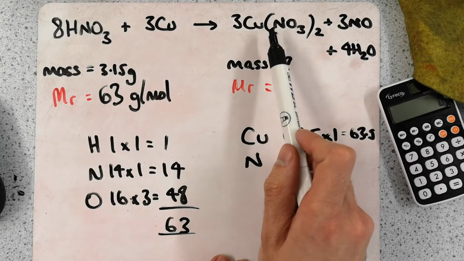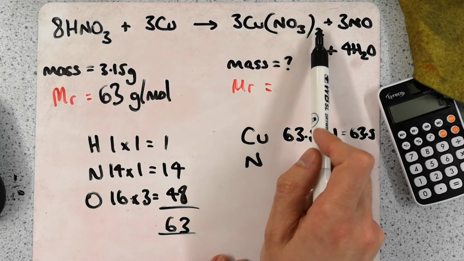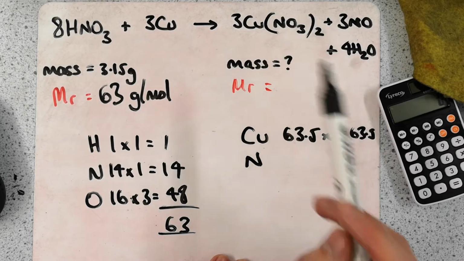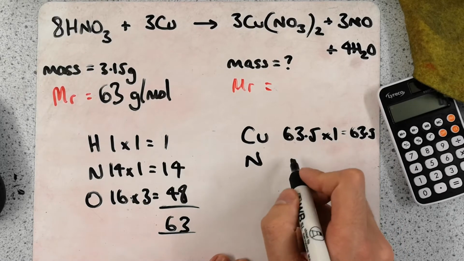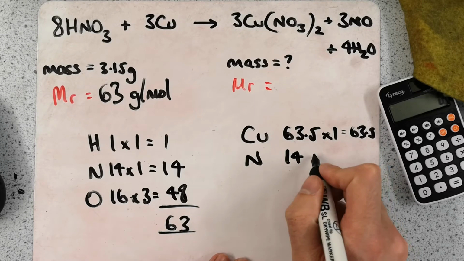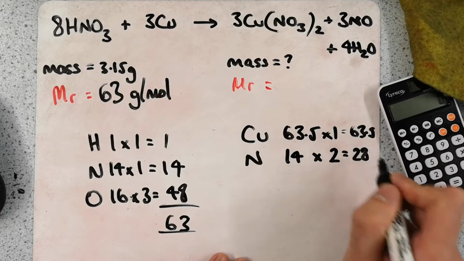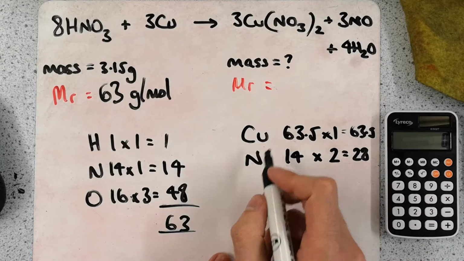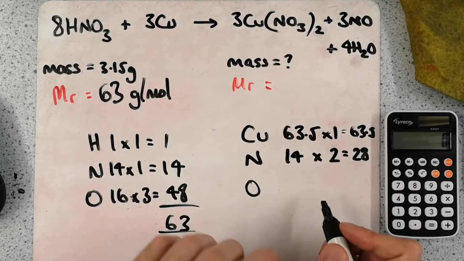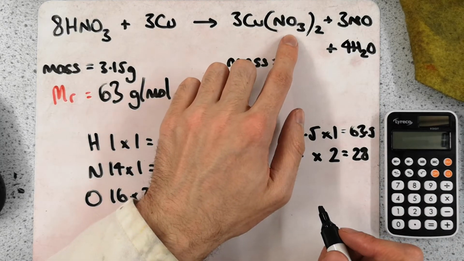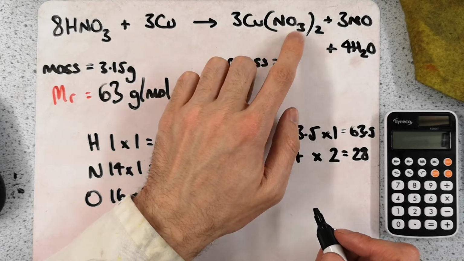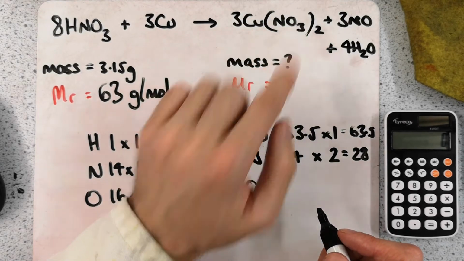Now there's no numbers before and after, but it's in these brackets, which are times by 2. So we times everything in the brackets by 2, and that means that nitrogen, that has a relative atomic mass of 14, we have 2 of them here. So that gets me up to 28. Now the oxygens, there's 3 of them straight after the oxygen in the brackets, and then everything in the brackets is times by 2.